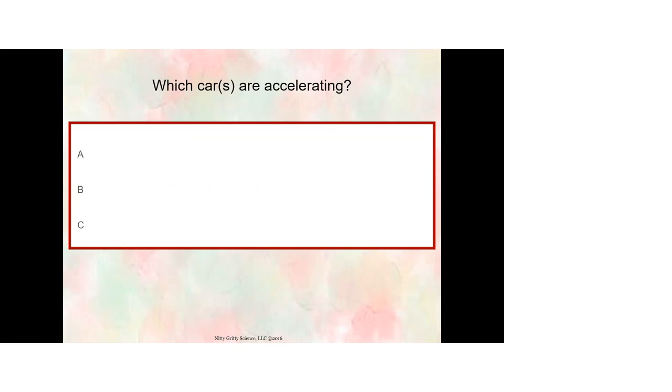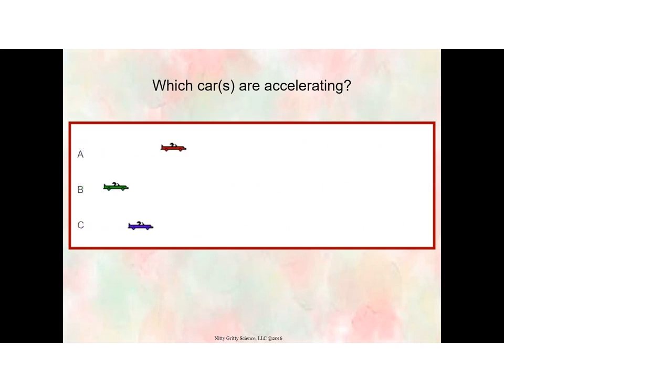But if you'll notice letter B, it starts off slow and it keeps going faster and faster and faster. And by the end, it almost caught up. Letter C starts off at about the same rate as letter A, and then it's a little behind, catches up, goes faster. Okay, so it's B and C.